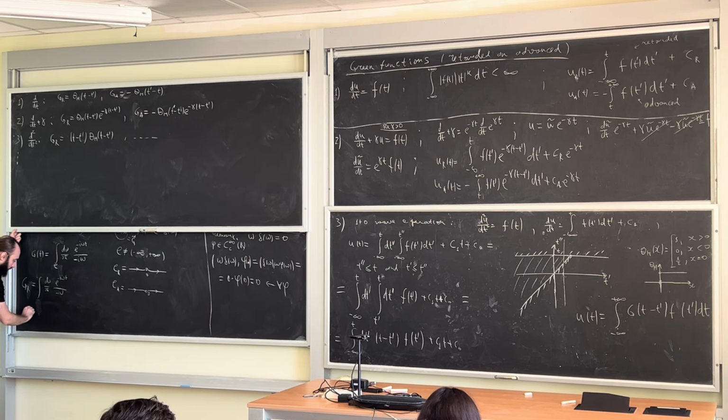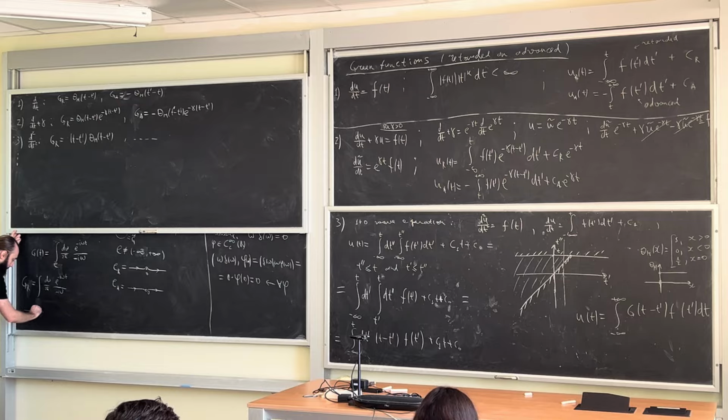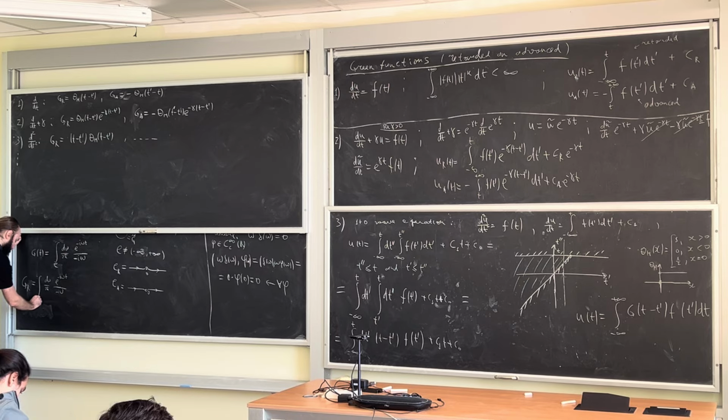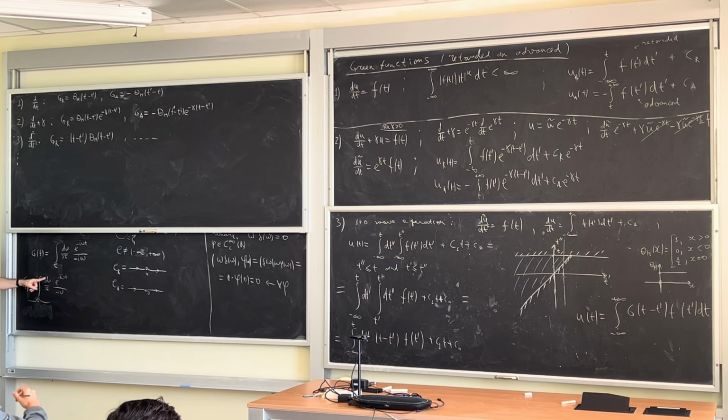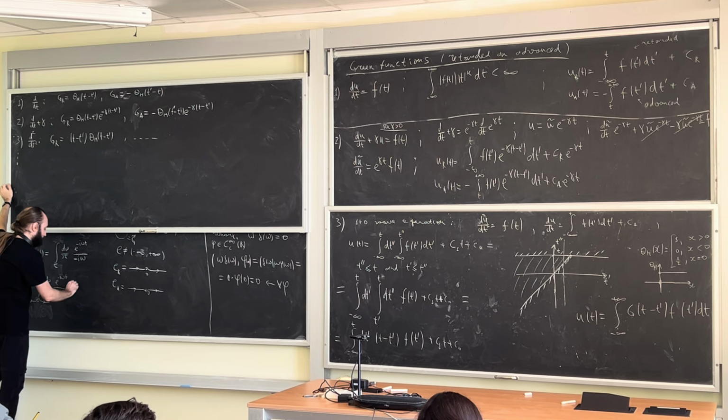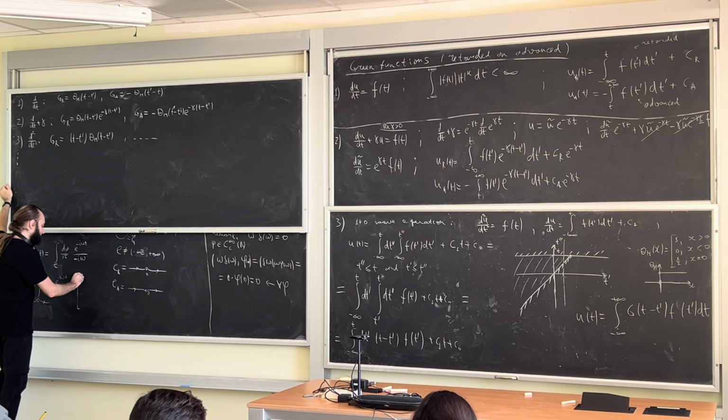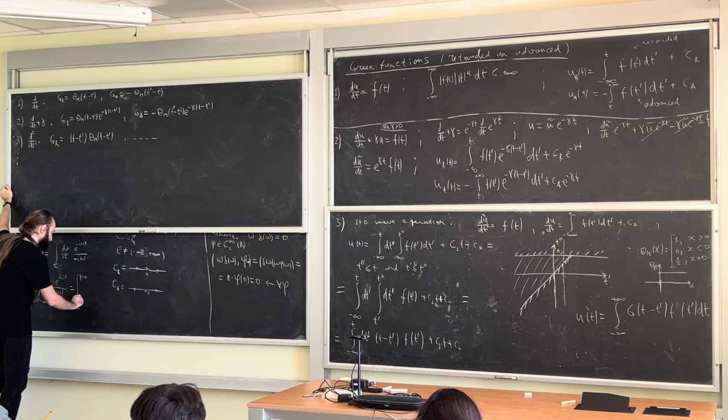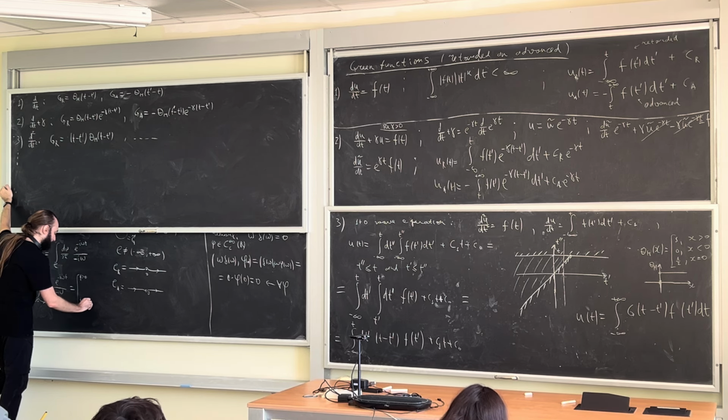Maybe let me draw this contour. It goes like this. But now the question is how to close this contour. And we have two different options. One is for t greater than 0, another is for t less than 0.